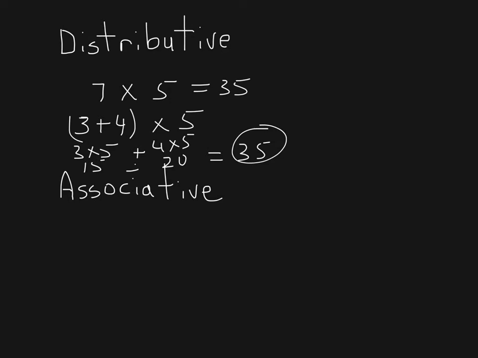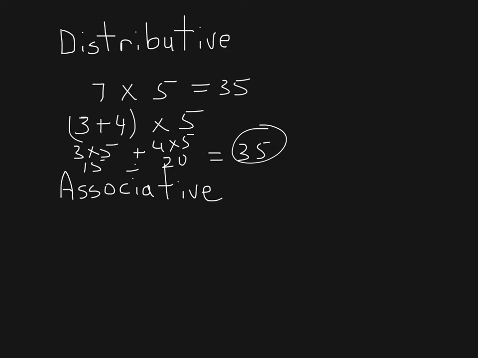Now the associative property is a property that says when we're adding or multiplying, it doesn't really matter which of the numbers we add or multiply first. And I'm just going to use multiplication this time around since that's what we're studying right now.